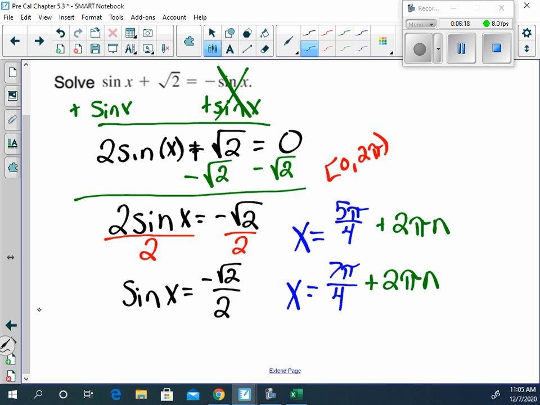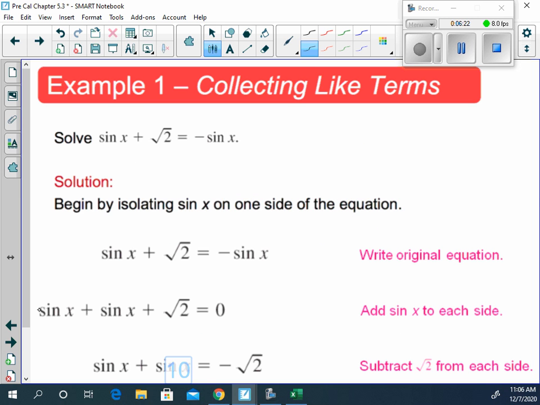And we'll see that when it comes up. And here's kind of the worked out example.